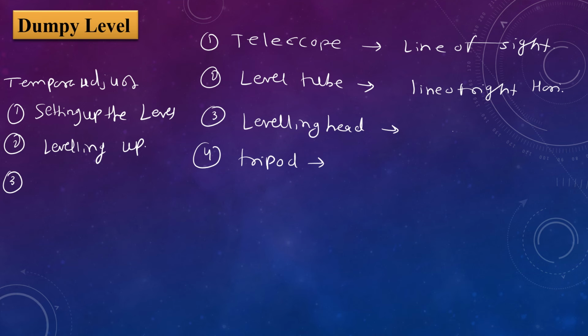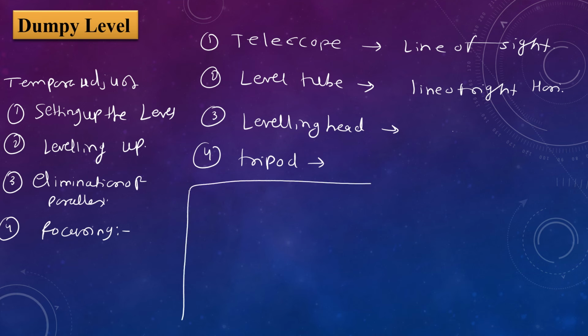Third is elimination of parallax. Fourth is focusing the eyepiece for crosshairs and focusing the objective end for the image of the object. So these are the temporary adjustments.